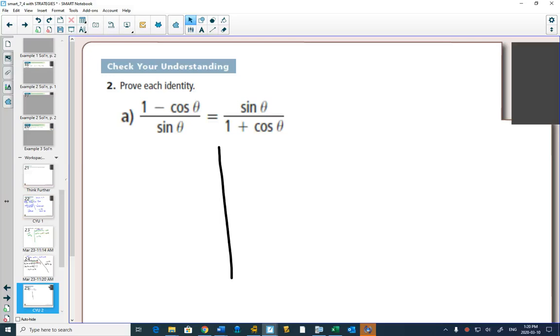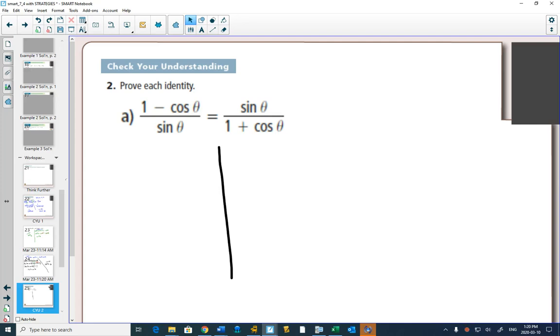So I'm going to introduce to you the build the other side strategy, which is also called multiply by the conjugate. Now, in the build the other side strategy, when things are not the same, you multiply them by 1 to make something the same. For example, we could make our denominators the same if we had a common denominator between the two of them. Does that make sense?